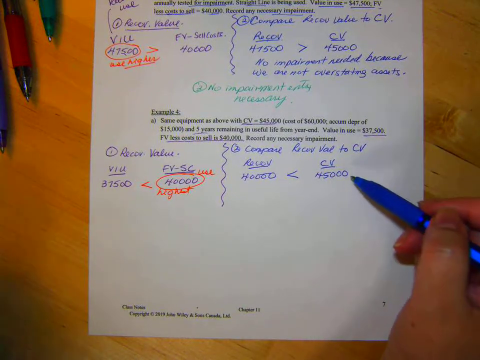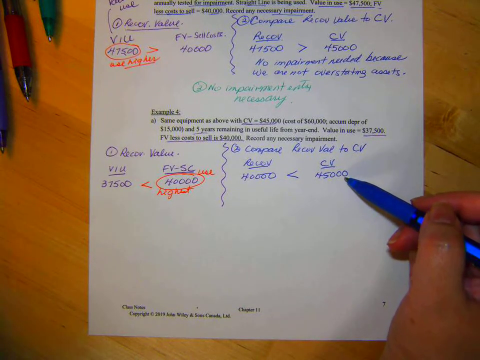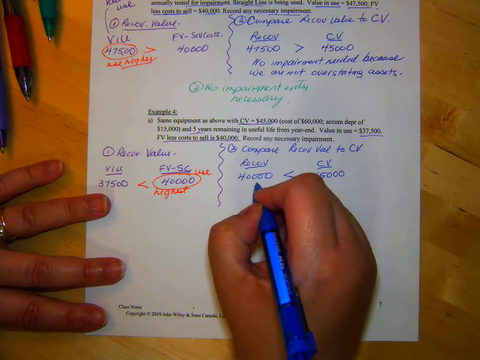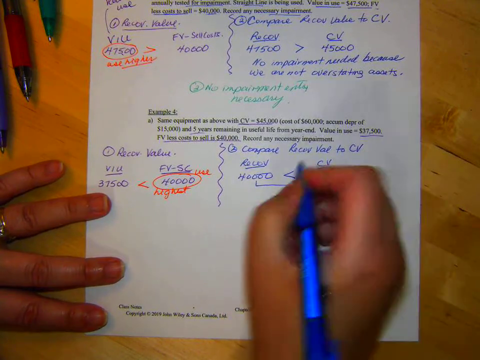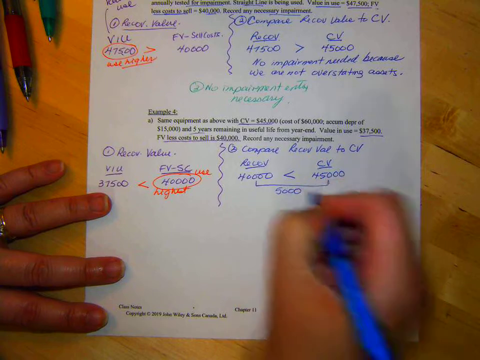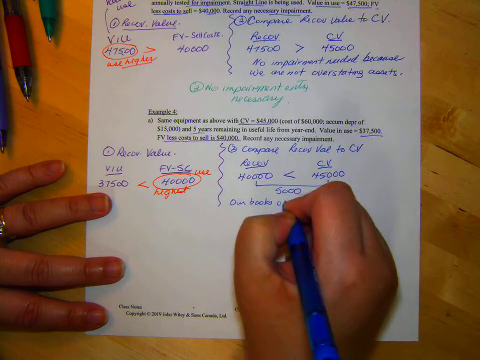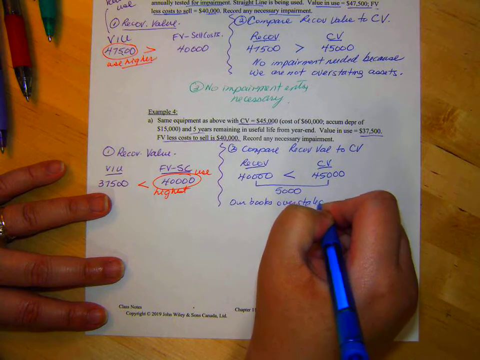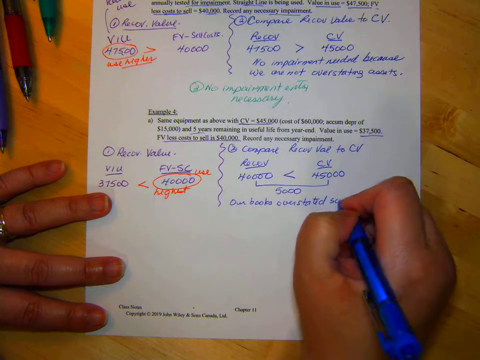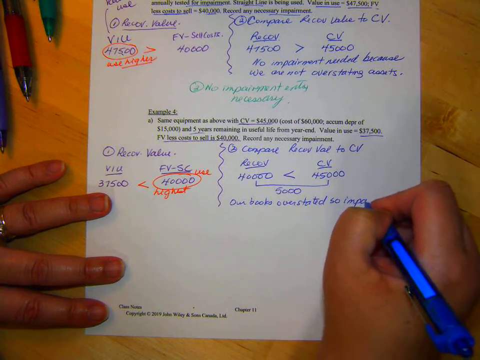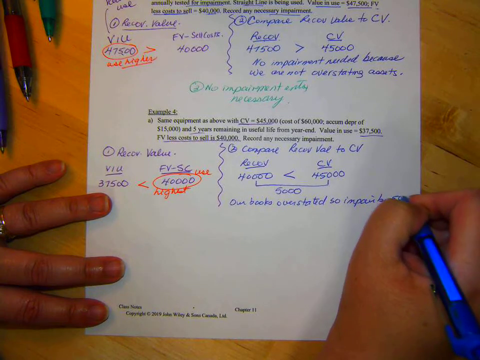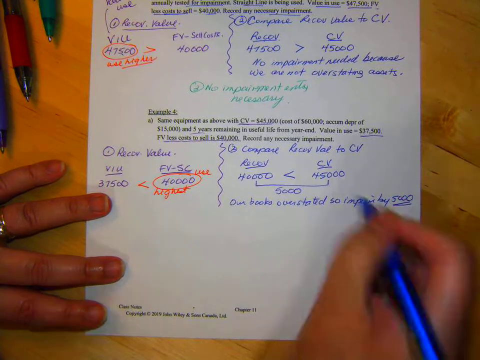Are our books overstated? Yes. So there's a difference of 5,000. Our books are overstated. So impair by 5,000. The difference.